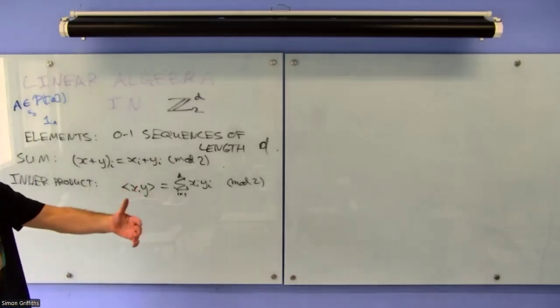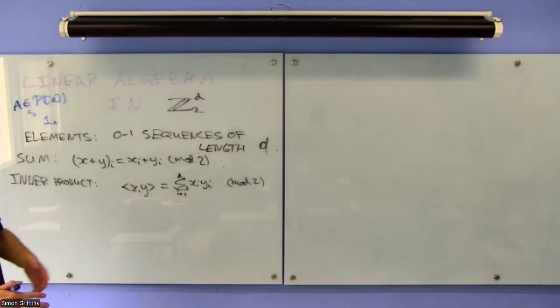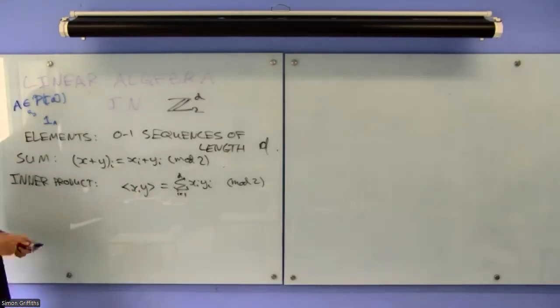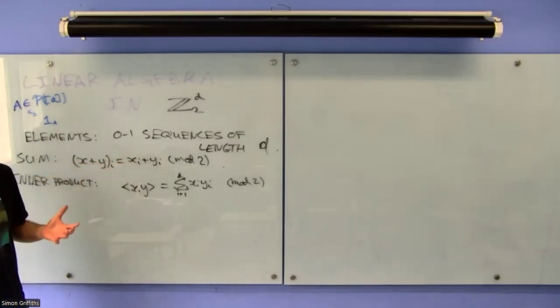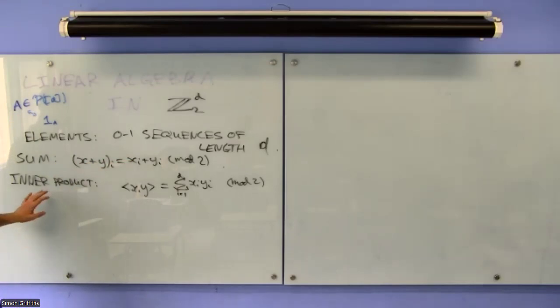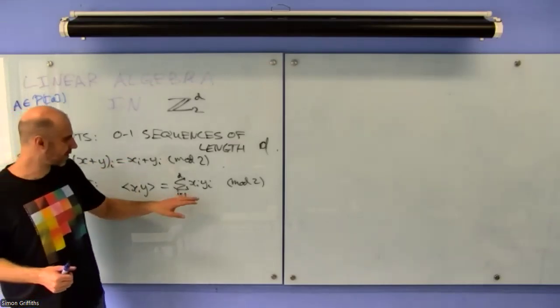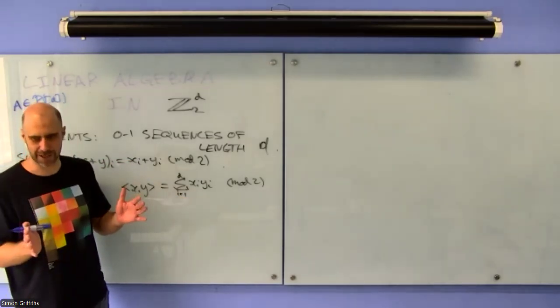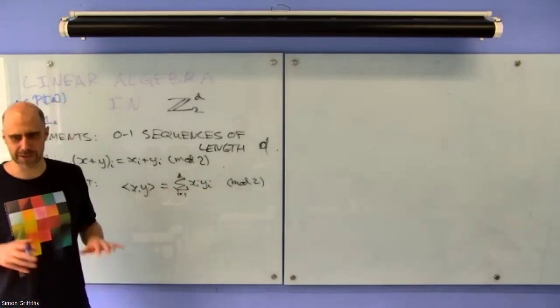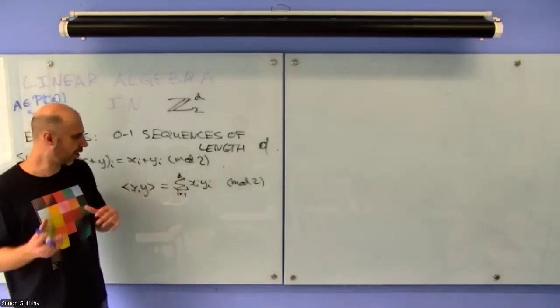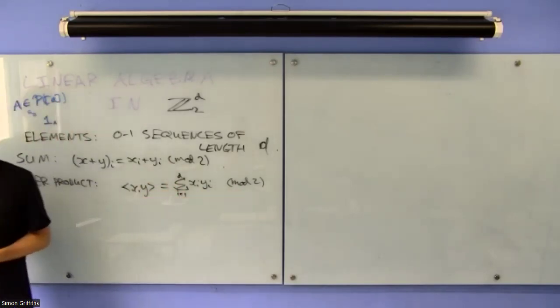You have a vector, you can say where are the ones, that's a set. Sometimes it's useful to think in that language. If you think in that language, the sum is the same as symmetric difference, and the inner product is basically the size of the intersection of sets, taken modulo 2. So even intersection gives you 0, and odd intersection gives you 1.